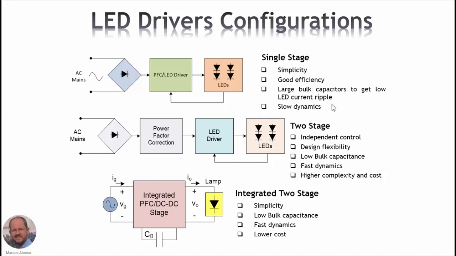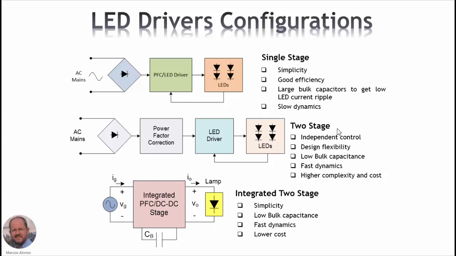These are some of the features of this possibility. It is simple, it provides good efficiency because we have only one stage, but the problem is that we are going to need large bulk capacitors to get low current ripple through the LED. And also the dynamics is going to be slow because of using these very high capacitors.